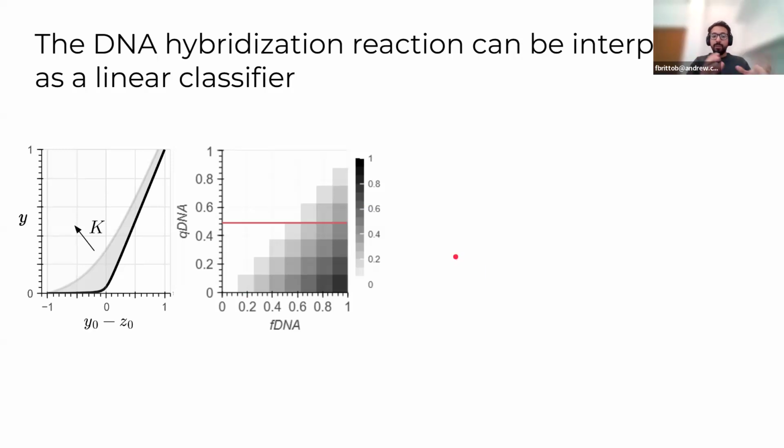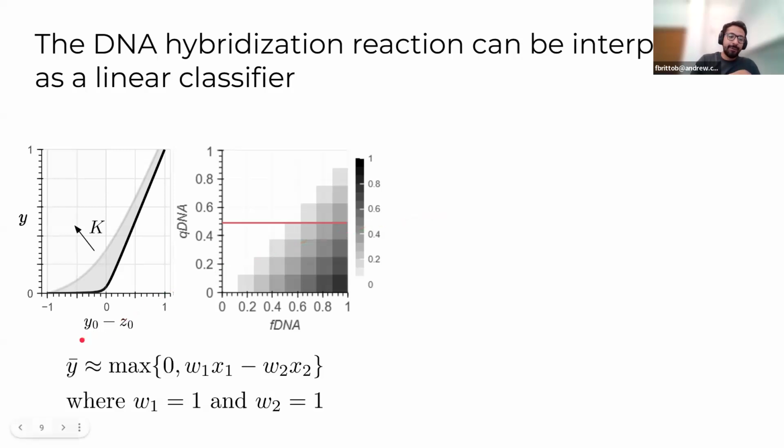And just to relate these two plots, if we trace a horizontal line here in red in our heat map, we will be able to recover this sort of activation function visualization. This is just to introduce all of you to the types of plots, visualizations, and formalities that we're going to use throughout the work.